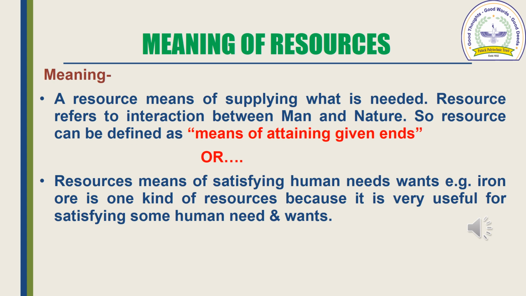So, resource can be defined as means of attaining given ends, or means of satisfying human needs and wants. For example, iron ore is one kind of resource because it is very useful for satisfying some human needs and wants.